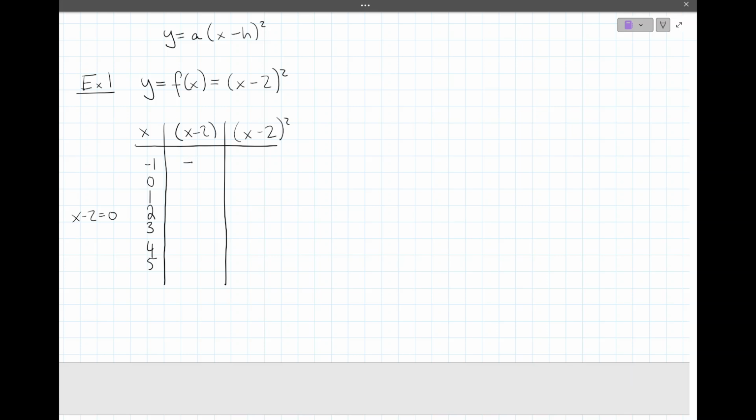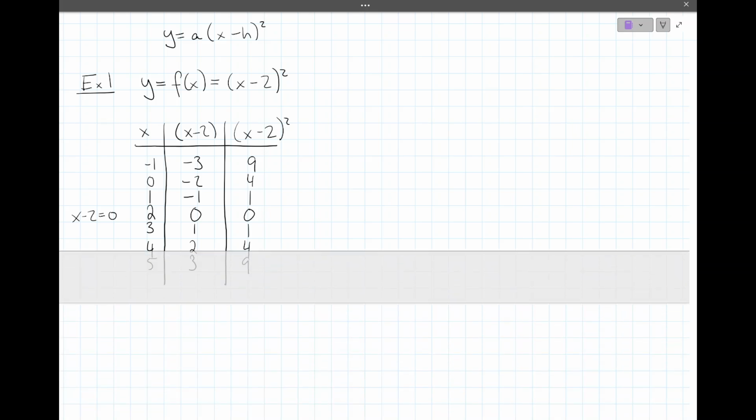And so this would have just been -3, -2, -1, 0, 1, 2, 3, right? And now we have our original column of x's back, and we get our regular parabola y values here. So we're seeing, oh okay, we're just moving this left and right now.